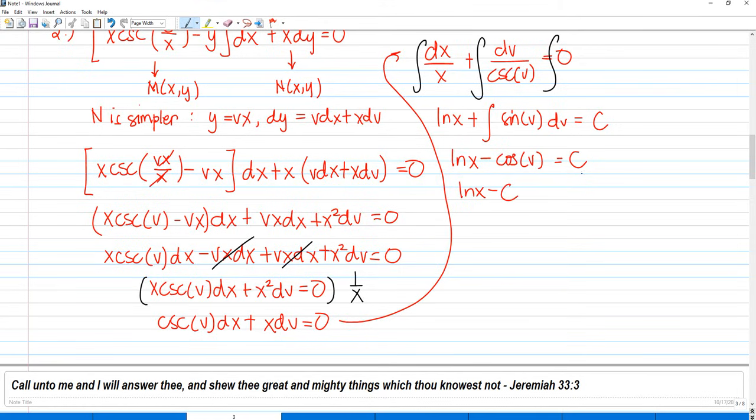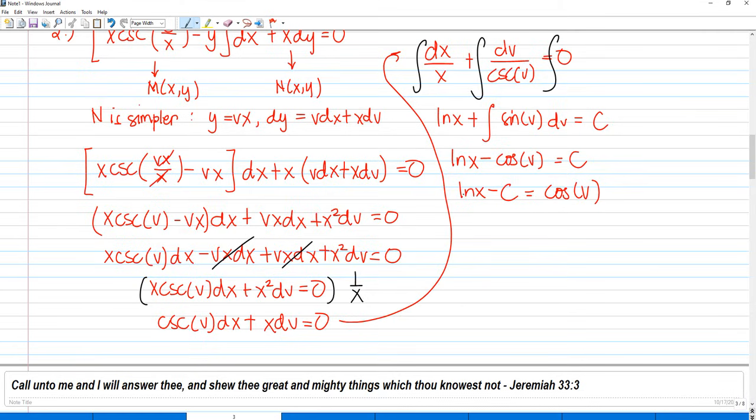This is for the purpose of the sign, so that we can simplify the ln. In my previous video, I said it doesn't matter if you transpose plus c or minus c, because we didn't have any ln and it could be easily simplified. In this case, we have ln x minus c equals cosine of v.